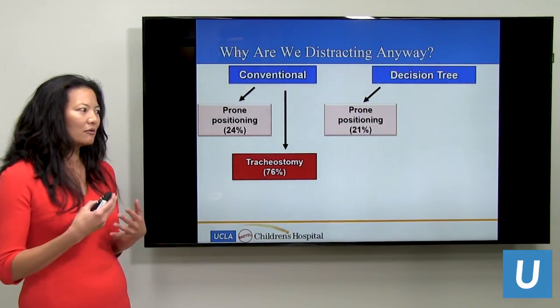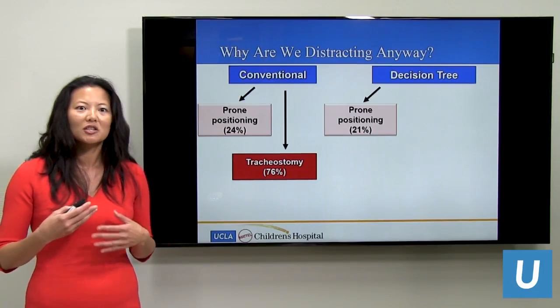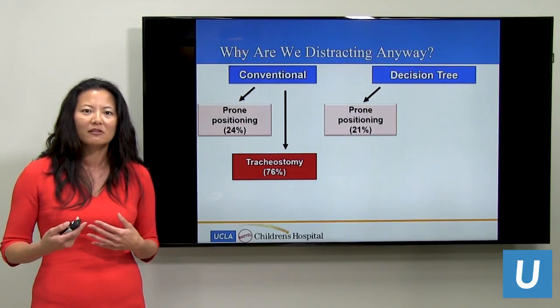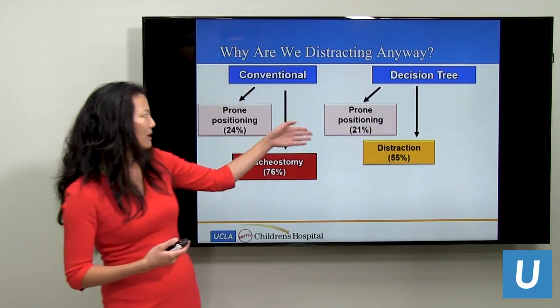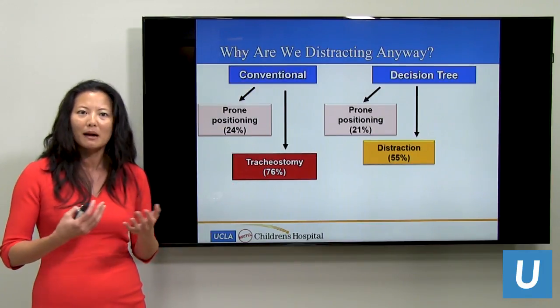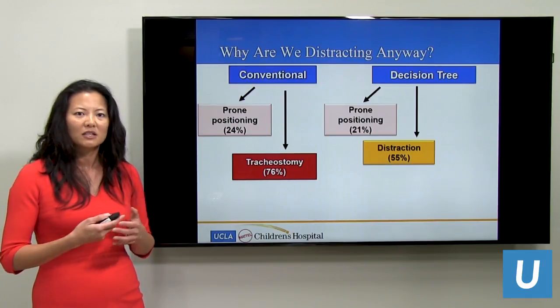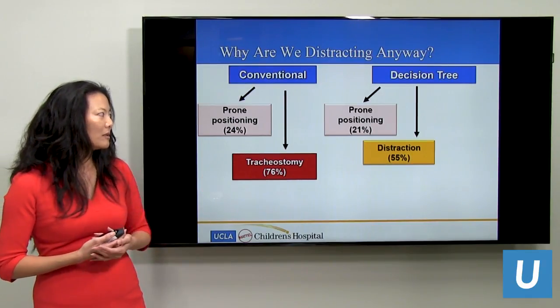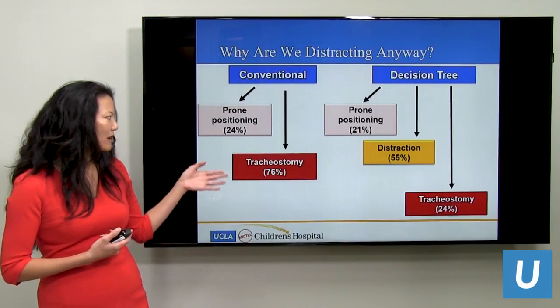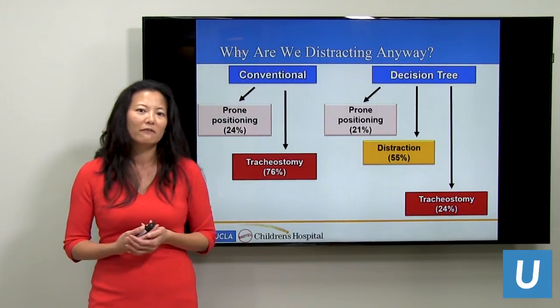Once we started going through this decision tree process, developing an algorithm that incorporated mandibular distraction, what we found is that still about a quarter of them or so are mild enough that they end up having just prone positioning, no operation. 55% of them end up having distraction. Now, tracheostomy dropped down to 24%.